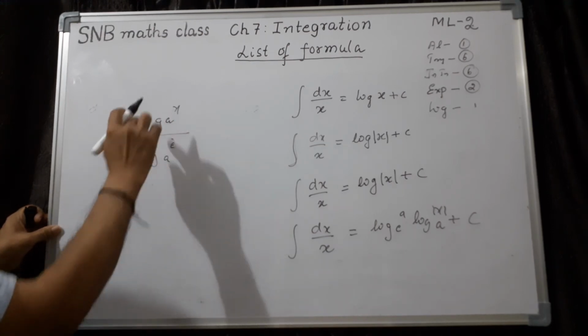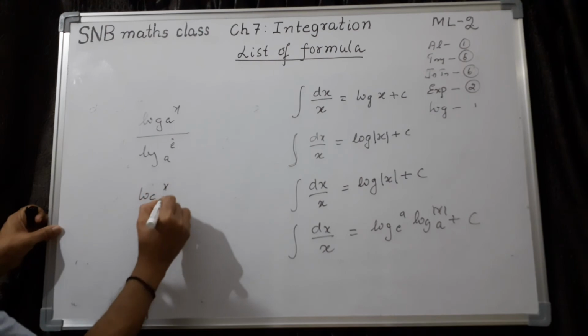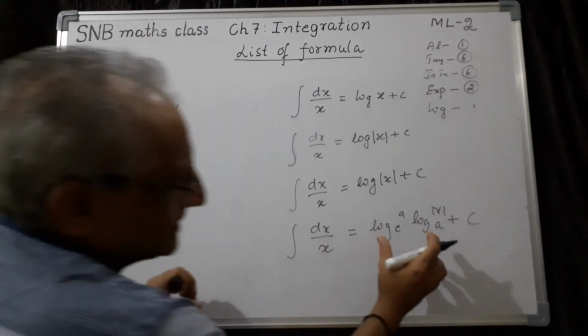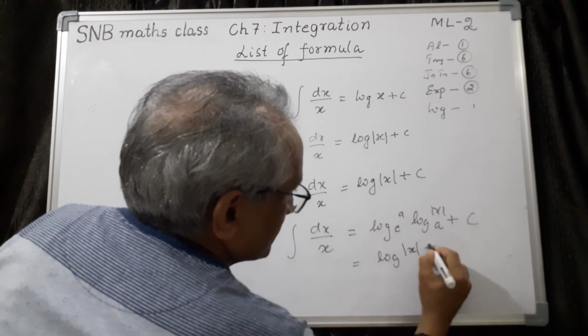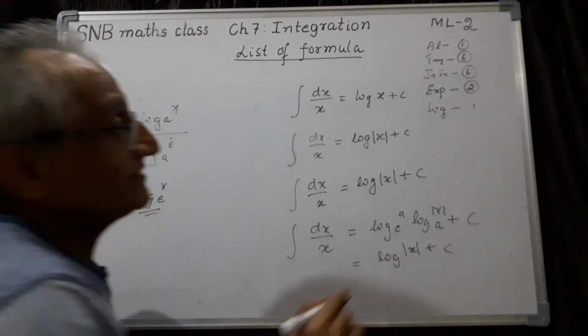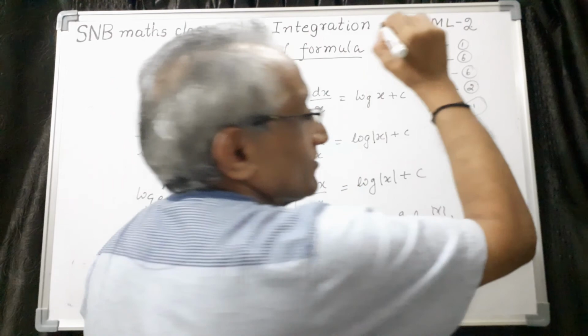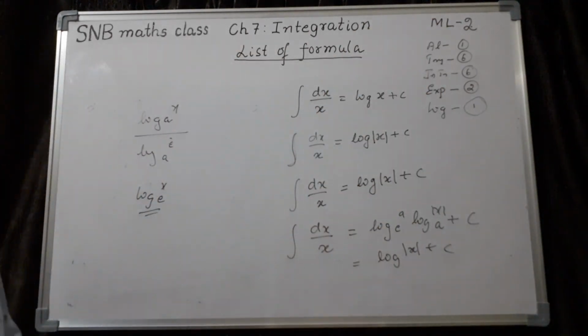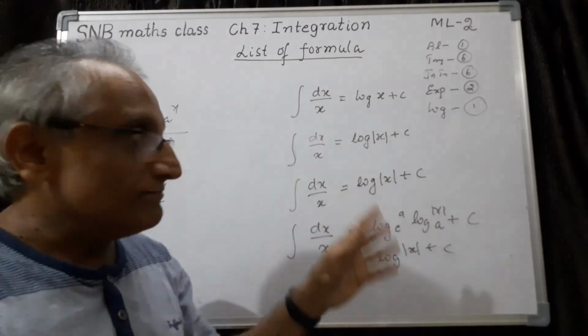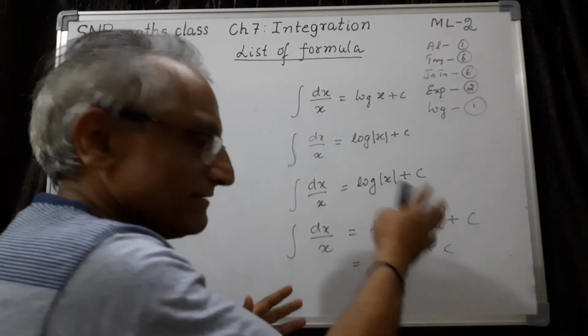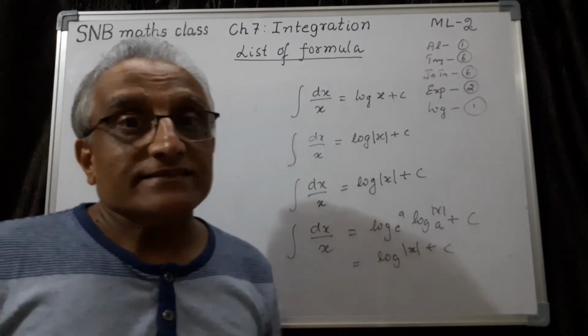When you change the base, what happens? It is log x to the base e only. So this itself is actually log mod x plus c. Therefore, please remember there is only one formula. So that is one advantage. Here you have to remember two, but here only one. Even if the base is any other, it will be the same, e only. So this is the understanding.